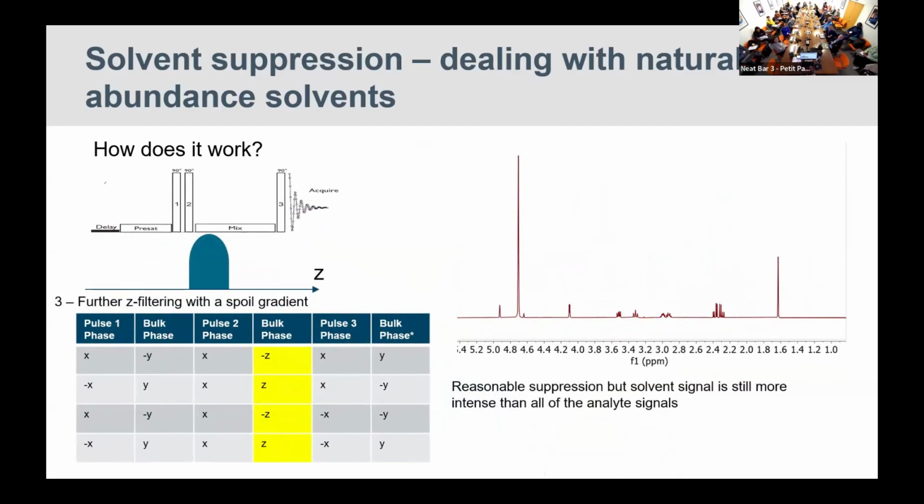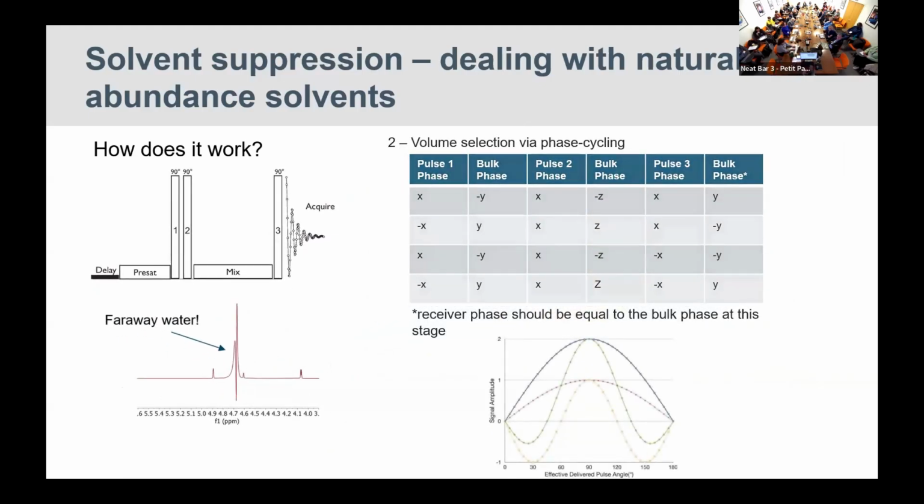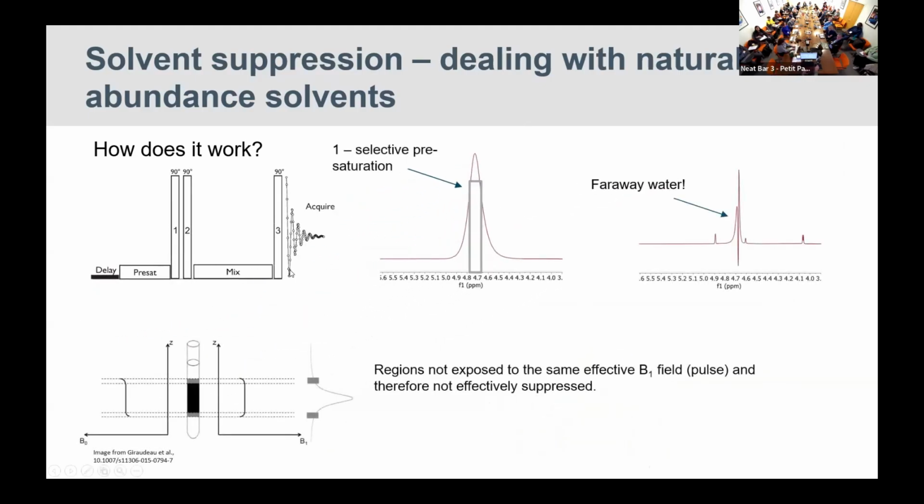So when you do all of this, you actually get reasonable solvent suppression, and this is what one spectrum looks like when you do NOESY solvent suppression. This is still the water signal here, but we can kind of see, and these are all actual spectra of a toxin sample, right?